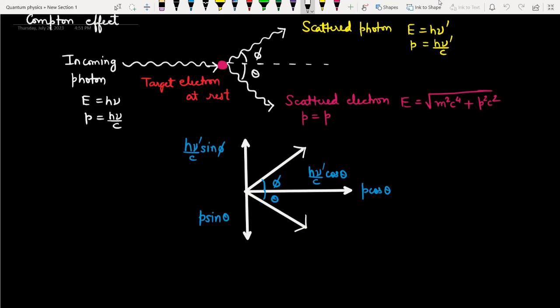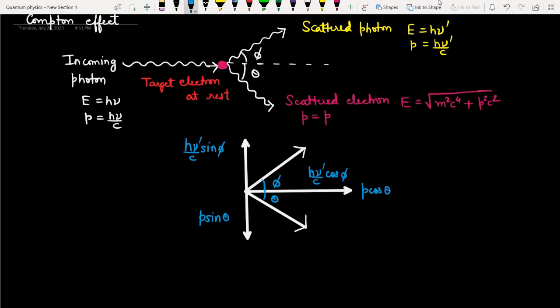But of course the conservation of energy would also hold here. So this is the linear momentum of the scattered photon. This vector that you can see is h mu prime over c. So the x component of that would be h mu prime by c cos of phi.